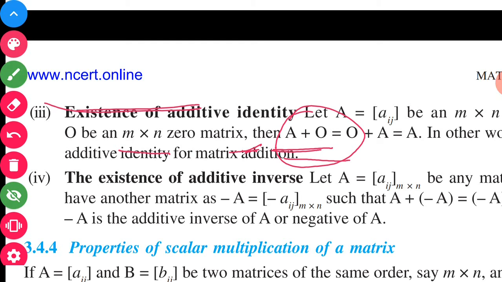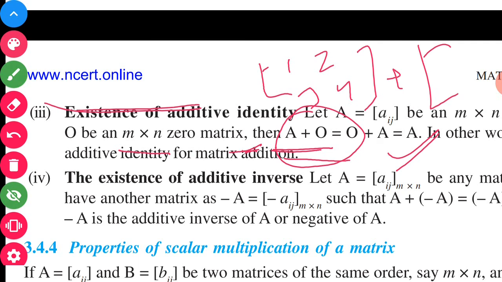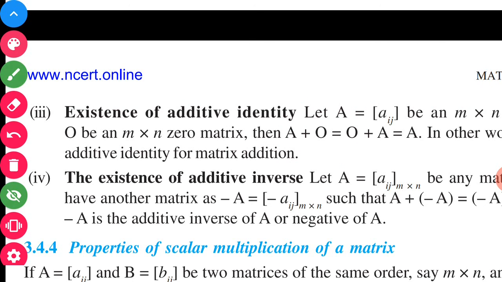When you add it with A, you will get A. Suppose the elements of A are 1, 2, 3, 4, and the 0 matrix is 0 0 0 0. When you add this, you get the same thing: 1 plus 0 is 1, 2 plus 0 is 2, 3 plus 0 is 3, 4 plus 0 is 4. So automatically we are getting A. So 0 is called the additive identity for matrices in case of addition.